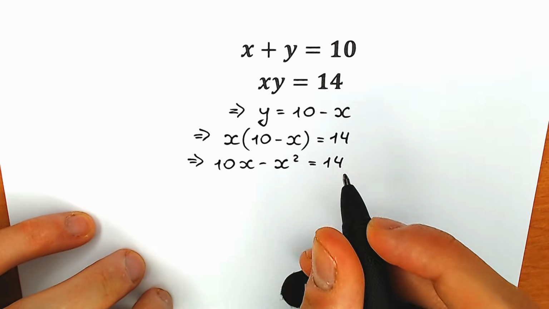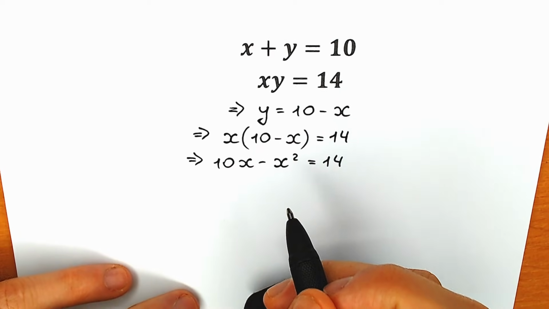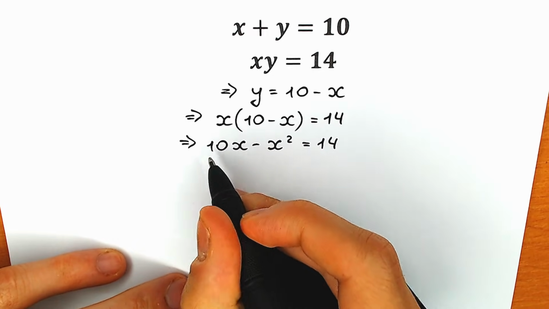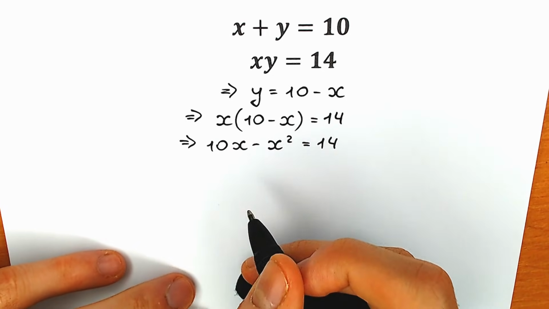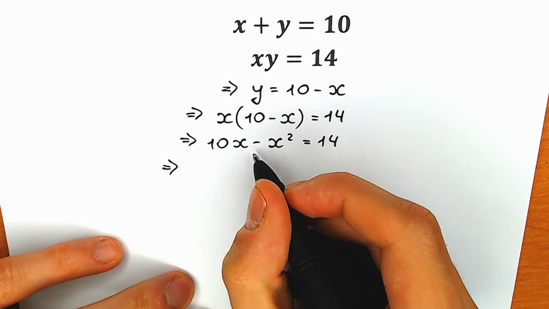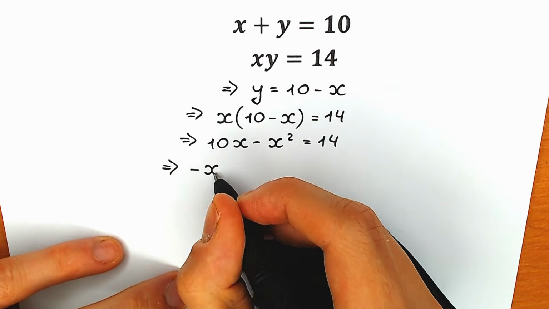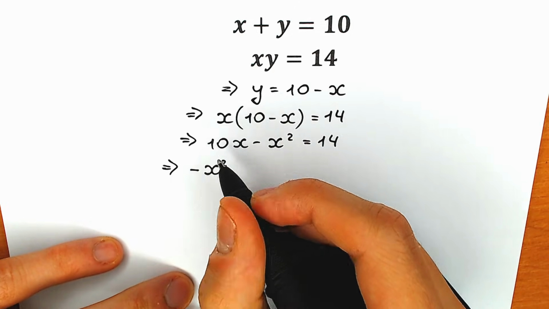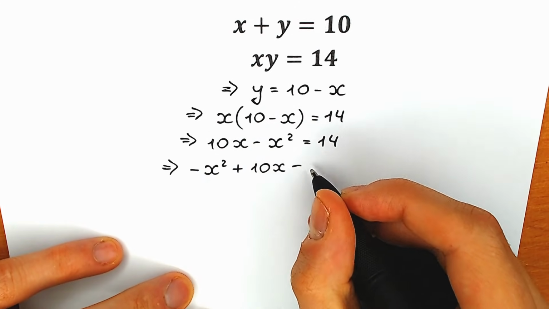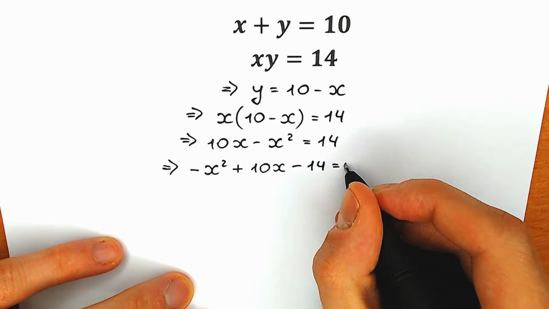It looks like a quadratic equation, but we prefer a little different order: the square on the first position, this expression on the second position, and the constant on the third position. So we have minus x squared on the first position, plus 10x on the second position, and minus 14 equal to 0.